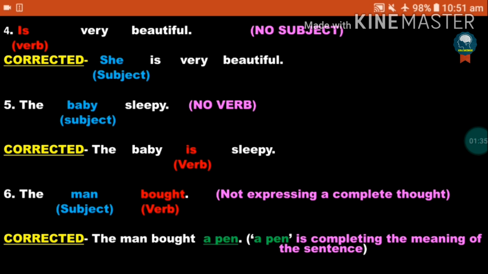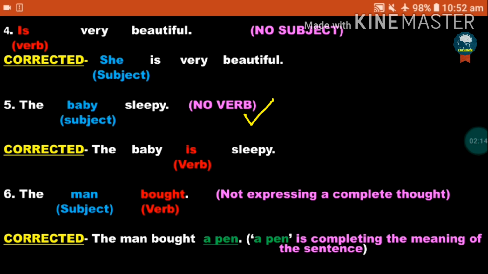Now let's look at number 5. When we read out this example, we will notice that there is a subject in the sentence, which is the baby. The example is the baby sleepy. So what is missing here? The verb is missing in this example. This example carries no verb at all.